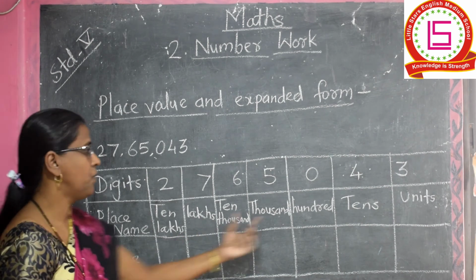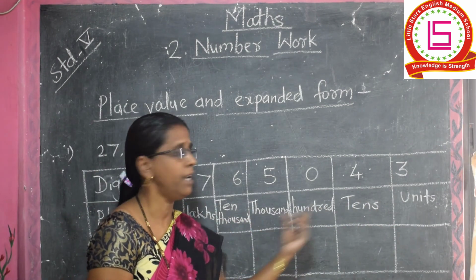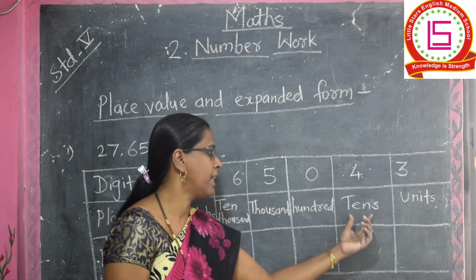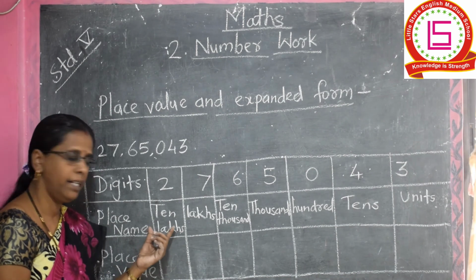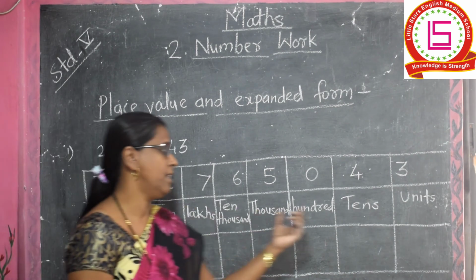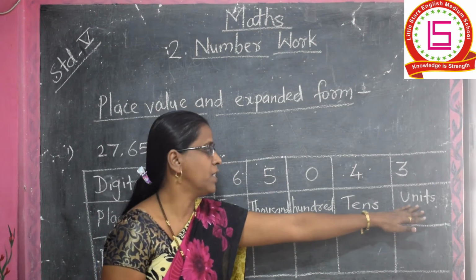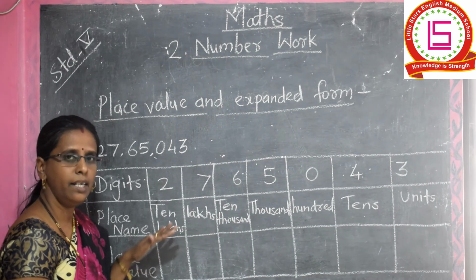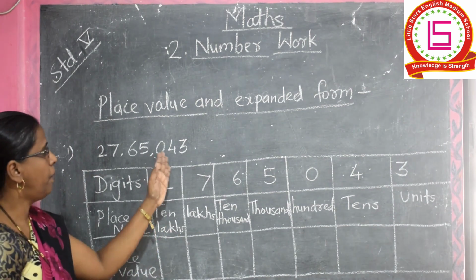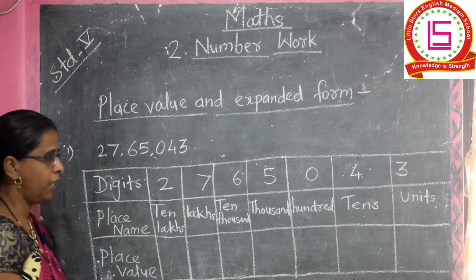See here, first we write like this. This is easy step for writing this. First we write unit place, tens, 100, 1000, 10,000, lakhs and 10 lakhs. You remember these places. Then we write the place value of that digit.